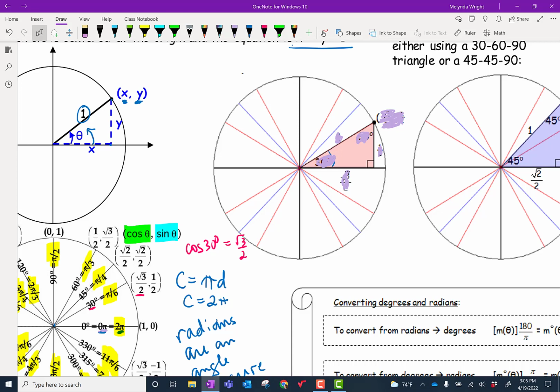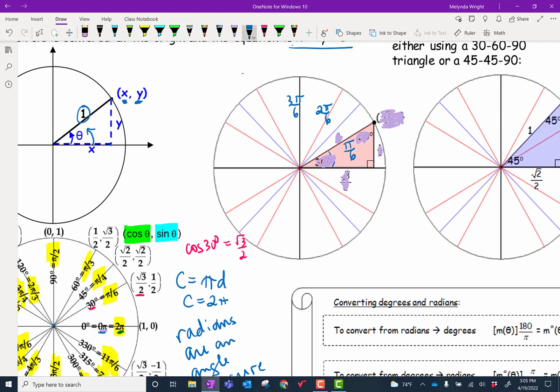So to get the angle measures, let's start. The red or pink ones, whatever color you're seeing, these are the 30, 60, 90s. So this first one would be 1 pi over 6. This would be 2 pi over 6. 3 pi over 6. We do count the quadrantals.